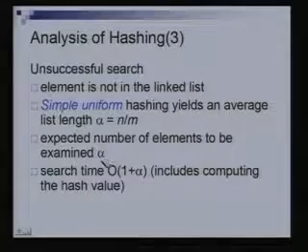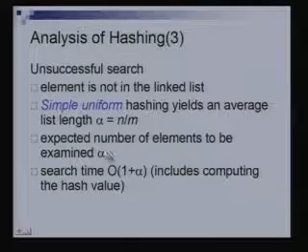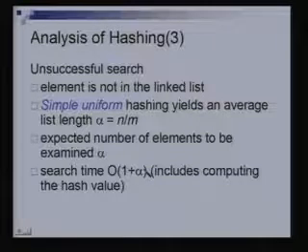So, the expected number of elements that need to be examined is alpha, and so the total search time, where I am using this 1 to denote the time taken to compute the hash function, is roughly 1 plus alpha, right. So, this tells you that if your alpha is, let us say, only a half, then the expected search time would be roughly a constant.